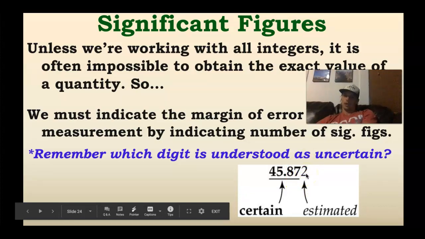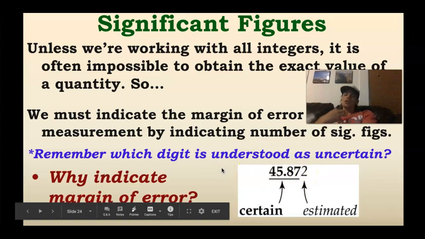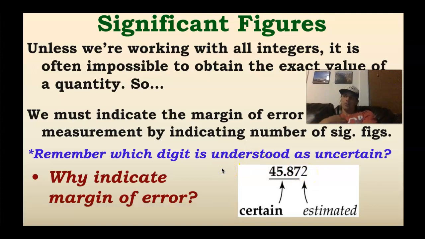Okay? Now, to better communicate our margin of error, especially when it comes to calculations, we need to follow rules of sig figs, or significant figures. Now, the importance of this is because when you're using these measurements in calculations, we need to keep that consistency to our audience and communicate how certain we are about not only our measurements, but our calculations, including those measurements.